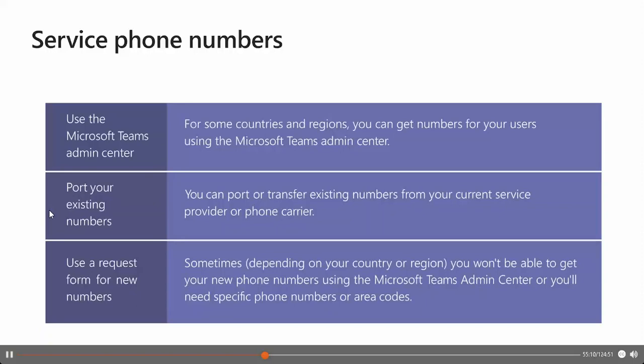Then we need to talk about the calling plans. There are two plans, basically the domestic calling plan and the domestic and international calling plan. I think that's pretty clear what this means. You need to see whether the calling plan is available in your country and region. You can see that on the Microsoft documentation website.